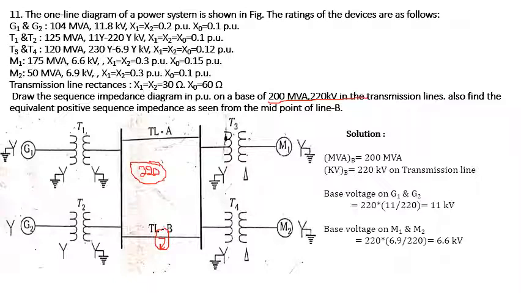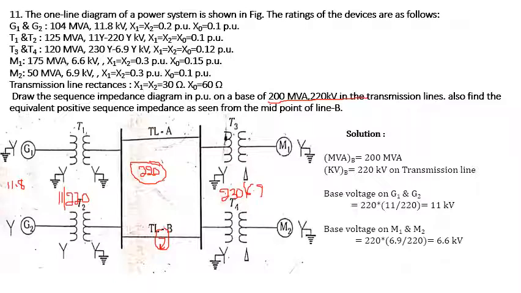And coming to the transformers T1 and T2, this is 11 bar 220, and for the generator it is 11.8 kV. Means these are given in a rating. And for T3 and T4 it is 230 bar 6.9.